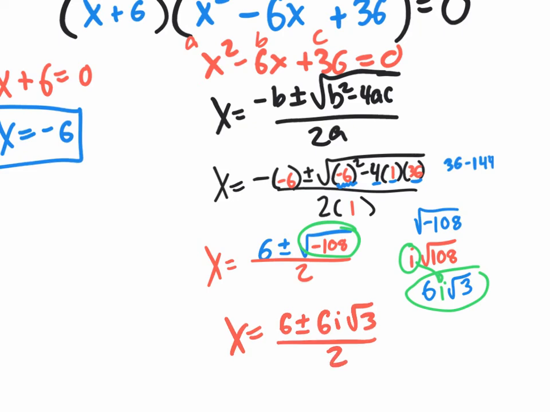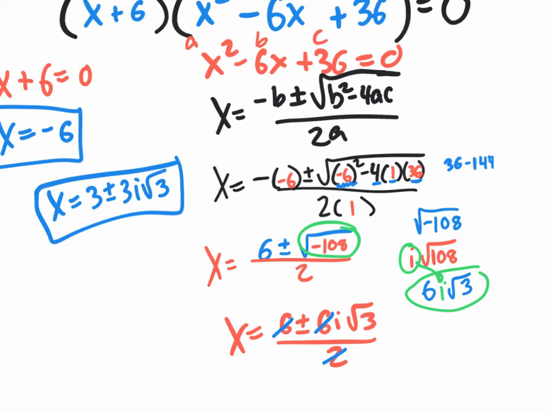And we've learned in the past that when you have something plus or minus something, all divided by 2, you could take that divisor of 2 and split it to each of the terms. Or you could think of it as reducing, right? If you reduce each of these by 2, your answer will be x equals 3 plus or minus 3i square root of 3.